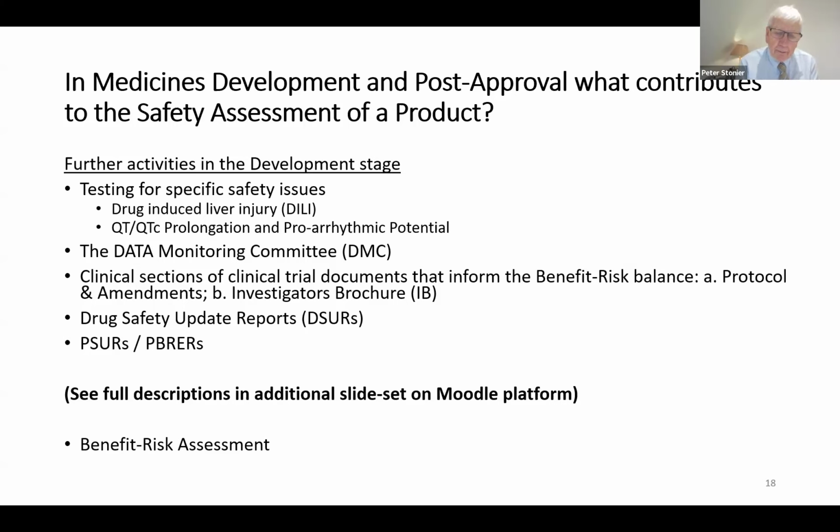The drug safety update report is actually called, there are several names for this, but it's basically the developmental safety update report. See full descriptions of these very important topics in the supplementary slides. Finally, on this slide for additional data, the benefit risk assessment process itself should be considered here.